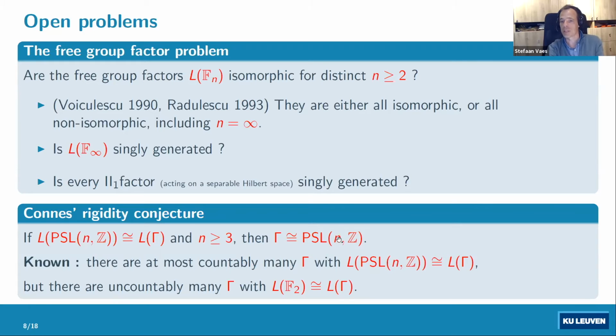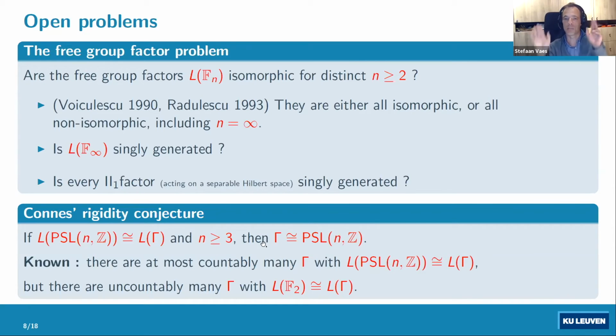And here there is a rigidity conjecture due to Connes saying that if the group II_1 factor of PSL_n(Z) would be isomorphic to any L of gamma, then this should force gamma to be isomorphic to PSL_n(Z). So Connes predicts this kind of superrigidity again for lattices in these higher rank simple Lie groups. Again, this is really wide open.